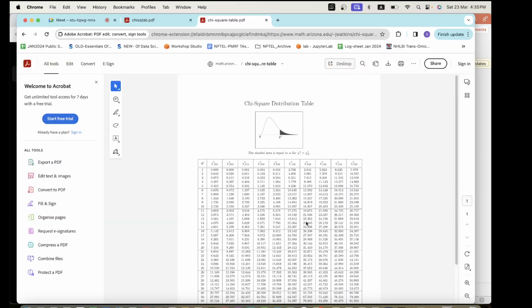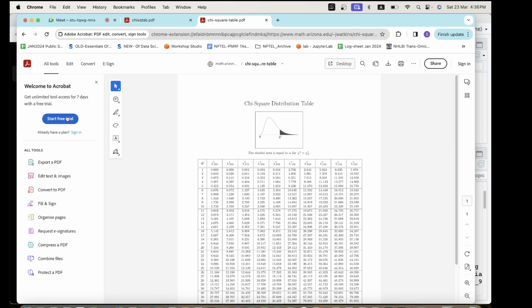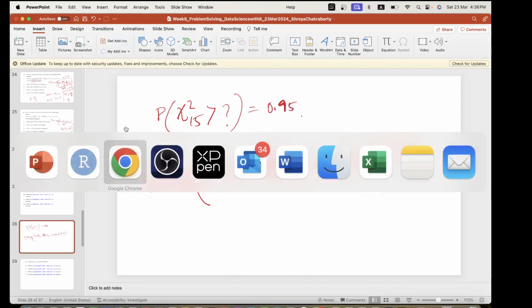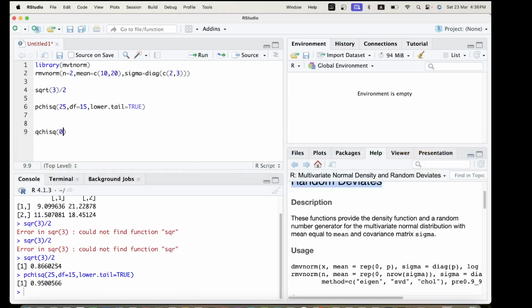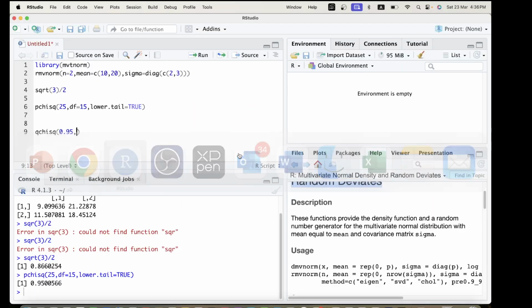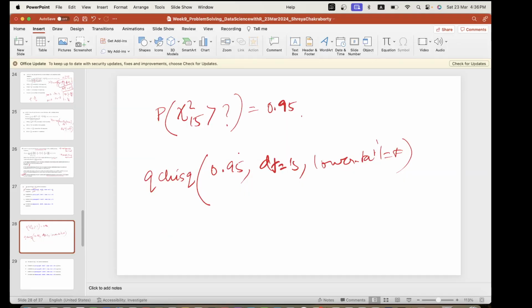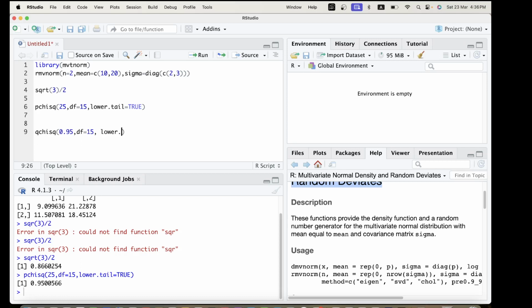So let us just try this out. Okay, let's say q chi-square 0.95, df equal to 15, and lower.tail equal to false.